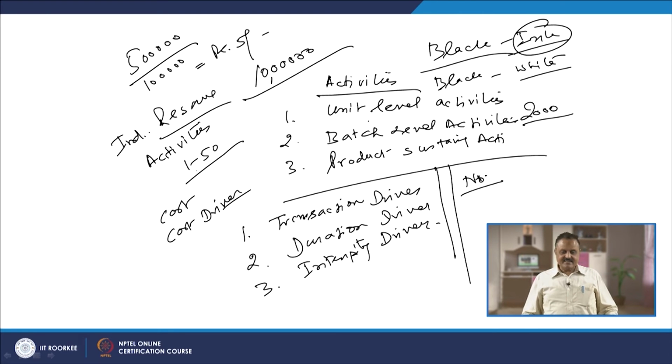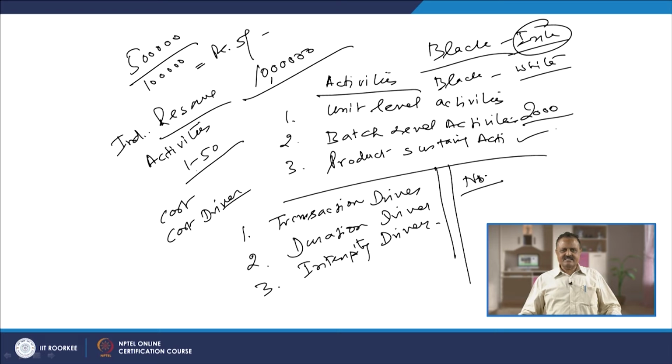The intensity drivers are only related to the third type of activities, product sustaining activities. How complex the product is in manufacturing, intensity drivers will be used there. We are not requiring them for the normal standard products the company is manufacturing. There, only the transaction and duration drivers will help us find out the cost per unit.